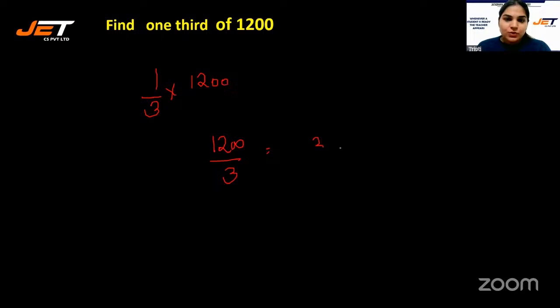So I can write 1200 as 3 times 400 by 3. 3 cancels, 400 is the answer.